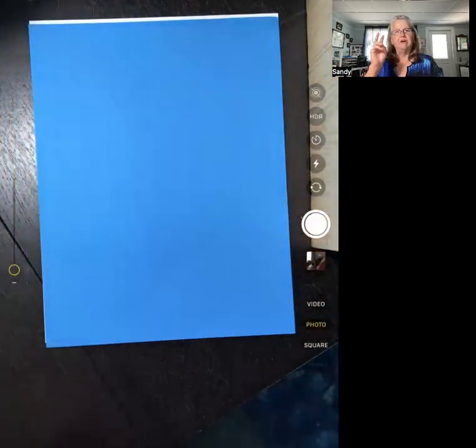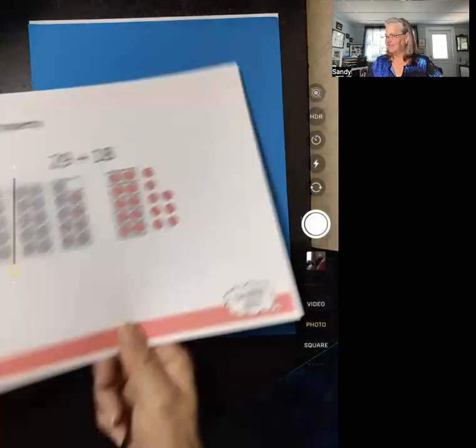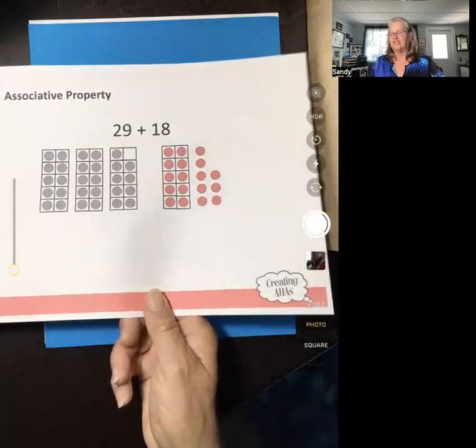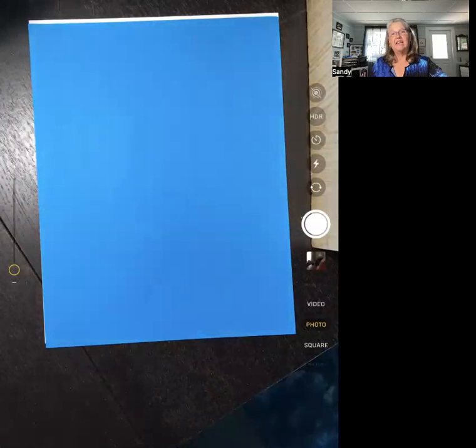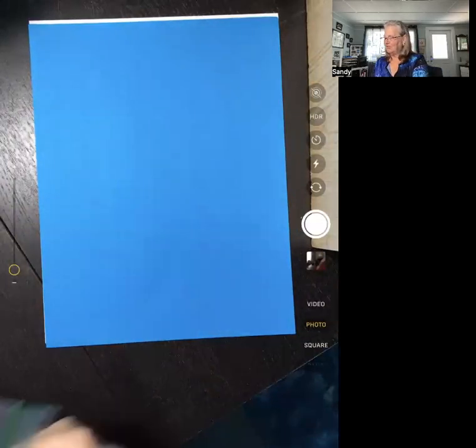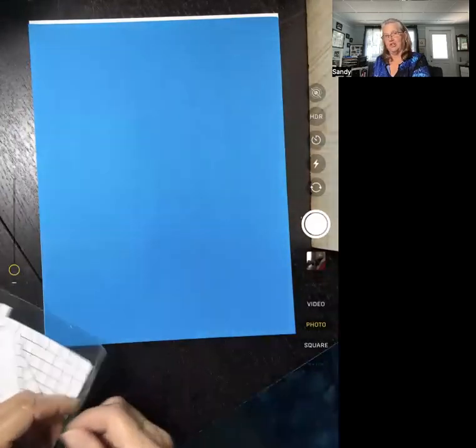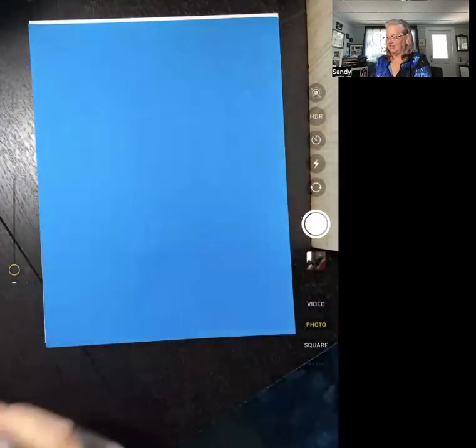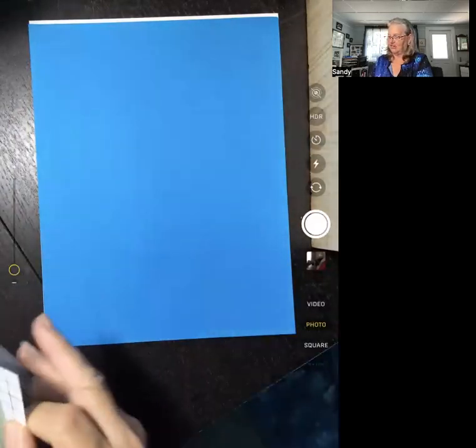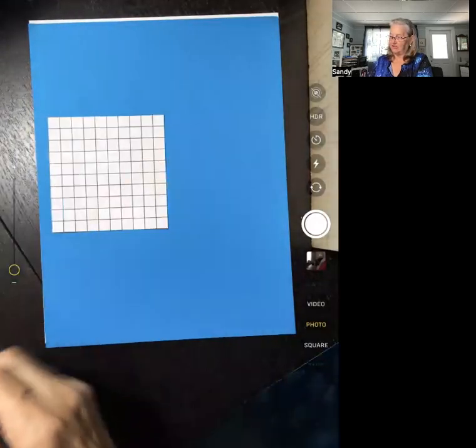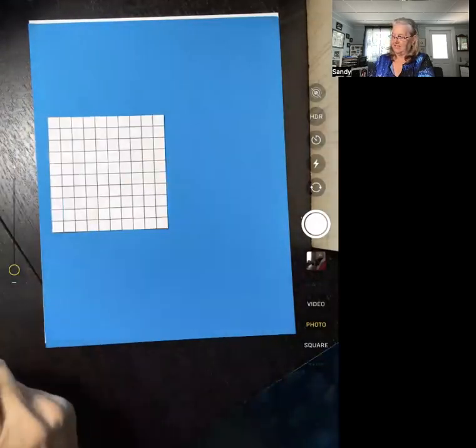See, how do I move from 2-digit, which lets me use these 10 frame images, something like this, to solving a problem like 99 plus 18. Now, I'm going to use a paper version of those base 10 materials. Okay, so I've got, that's 100. Here is a 10.